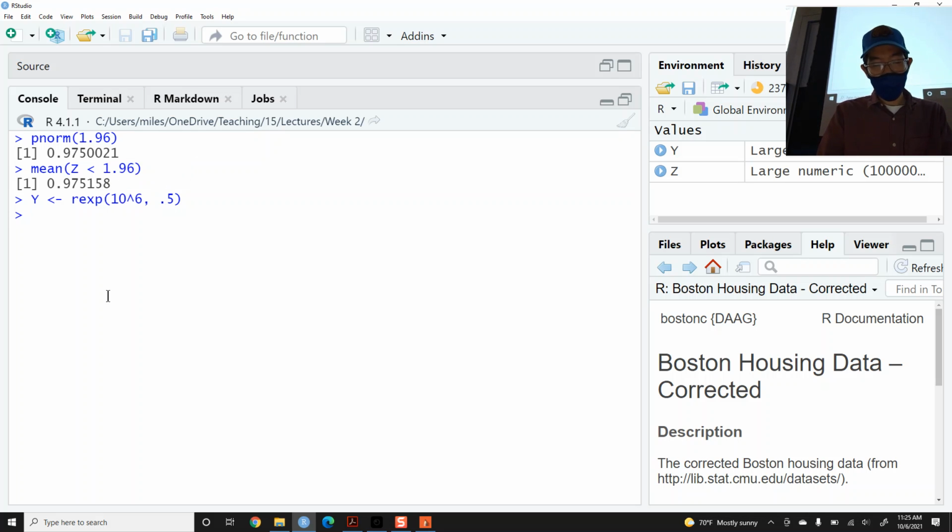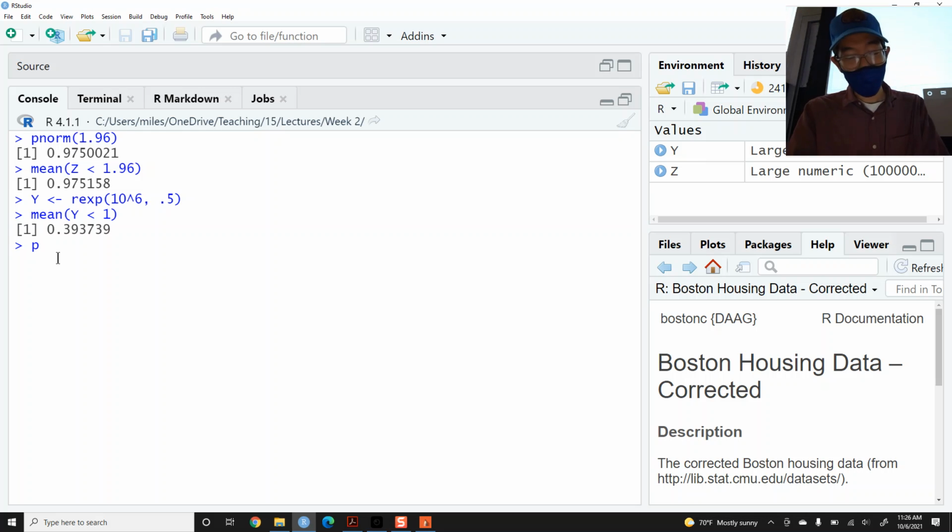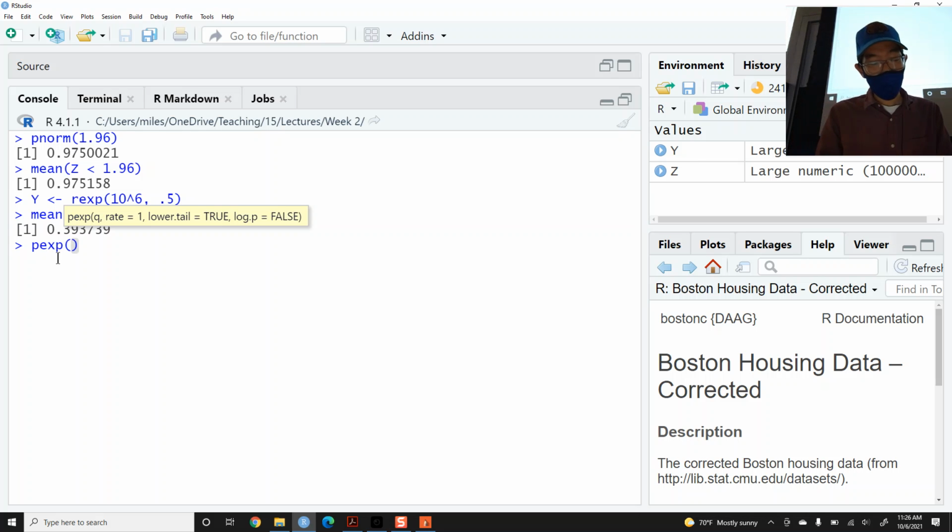What's the probability that y is, say, less than 1? Out of the 1,000,000 y values that I generated, about 40% are less than 1. We can compare this to the true value, p exponential of 1, where my rate is equal to 0.5.